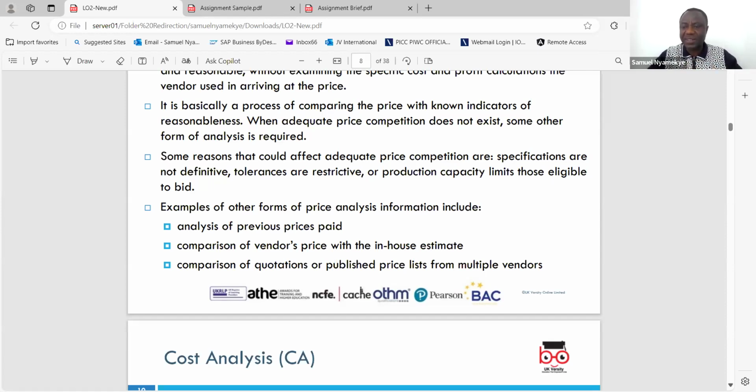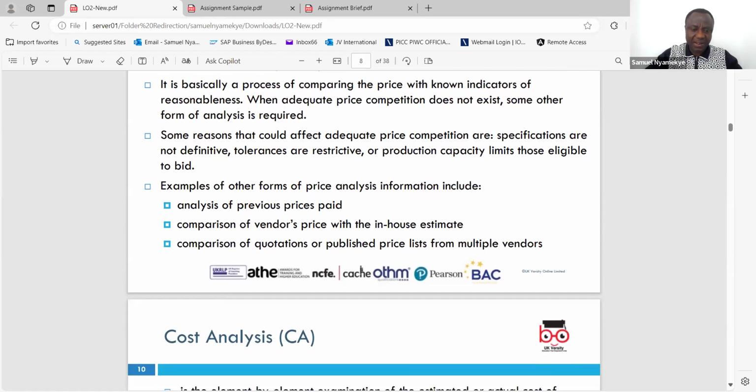If somebody comes and says 1.5 million, that is exactly what we were thinking, but you have to check. You can also compare with other prices that other suppliers might have quoted.